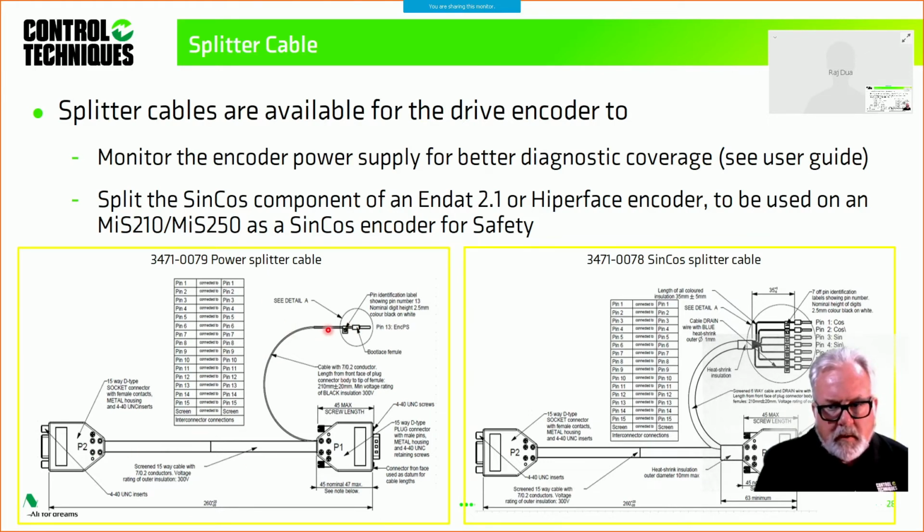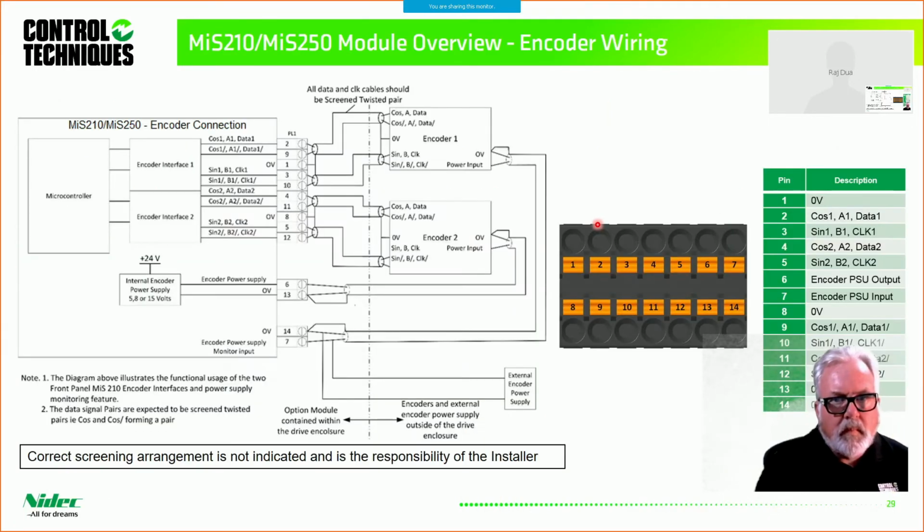There's this one with a single pin, and then there's this other one with flying leads coming out of it, and that's used with sine cos encoders. So know that you can split a sine cos component of an NDAT 2.1 or Hiperface to be used with the module. That's what these splitter cables are used for. I have not used them. I haven't had the need to with my particular setup, but know that they are available.